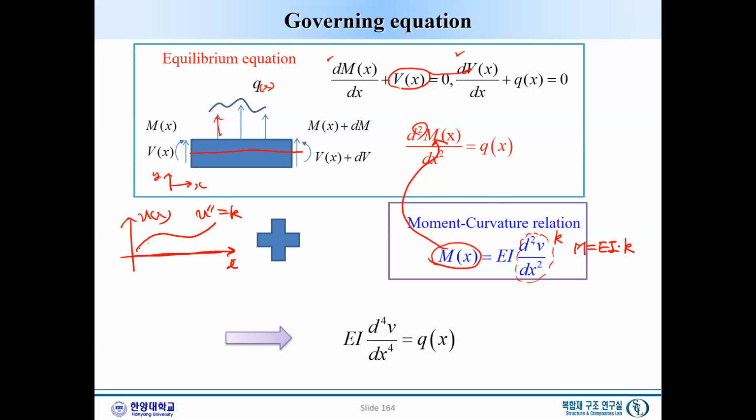There is another second derivative, so we finally have EI times the fourth derivative of V is given as the distributed load q(x). This is a very well-known governing equation which describes the beam deflections under the external load q. Q is of course the distributed load per unit length.